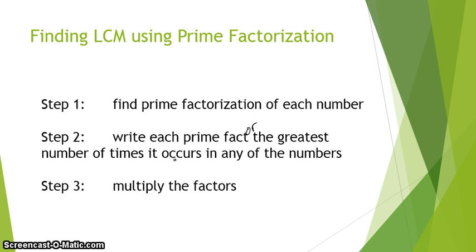If you have more of a factor in one number than in the other, you use however many times it occurs in the one where there are more of them. We're going to see in the example how that works out. And the last thing you do is multiply those factors that you just wrote down. If you're confused, don't worry about it. We'll look at the example and it will probably make more sense that way.